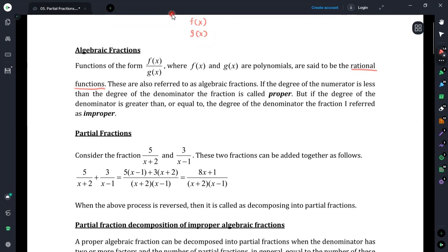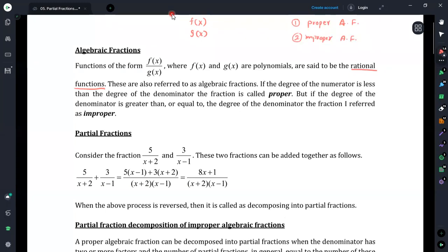According to the degree of the numerator and the denominator, we categorize these rational functions, or algebraic fractions, into two categories. One is proper algebraic fractions, and the next one is improper algebraic fractions. These are the two types of algebraic fractions that we are considering.